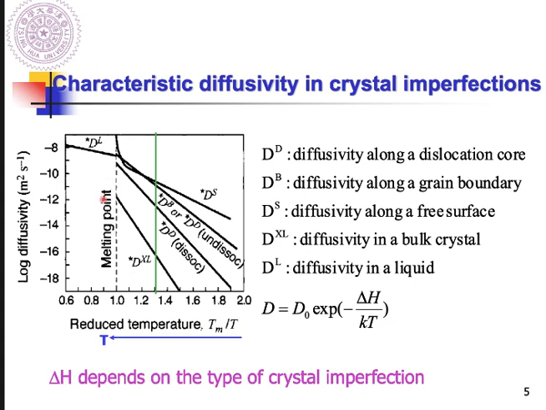Regarding this plot of log D versus 1 over T, the slope is related to the temperature dependent term, the enthalpy delta H, depending on the type of crystal imperfection. So you can observe the slope is different for different types of crystal imperfection sites, which implies that we have different enthalpy here. And don't forget, diffusivity can be expressed as D0 times the temperature dependent term, right?